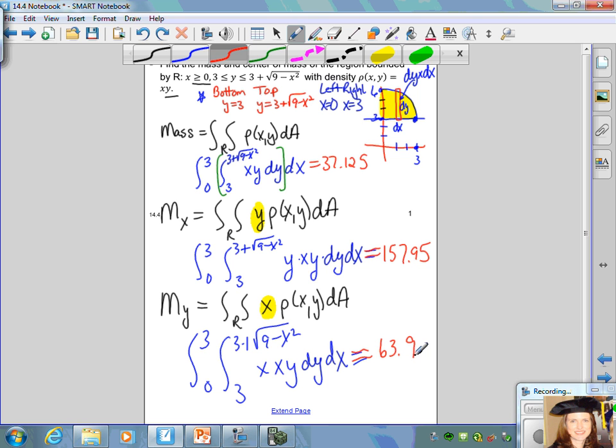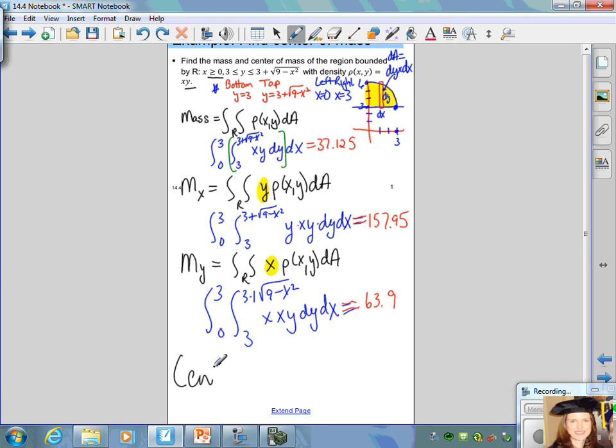Now to find the center of mass, we're going to put these together. The center of mass formula is found by taking the moment with respect to the y-axis and dividing that by the mass, and the moment with respect to the x-axis and dividing that by the mass.